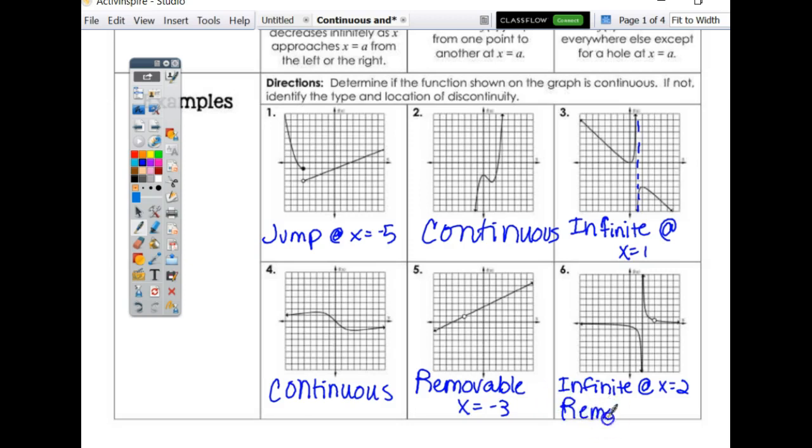That's removable. So what causes discontinuity, horizontal or vertical? Vertical. So these are all x equals.